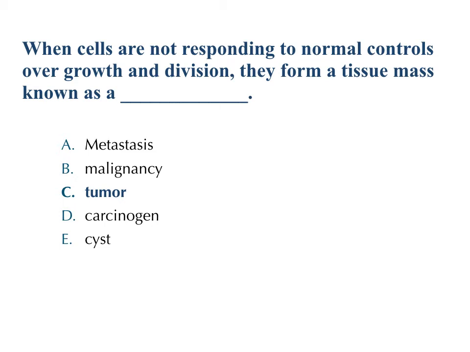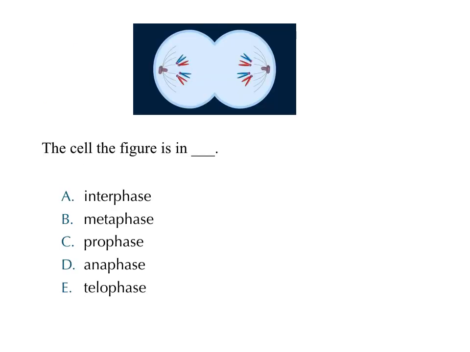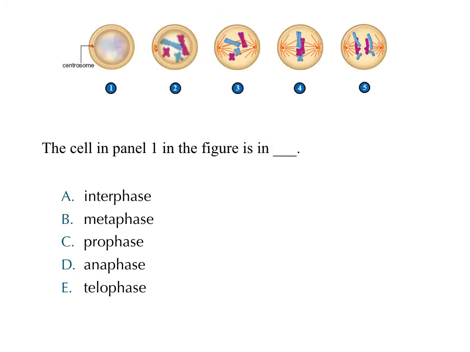Let's go on to the last slide, which is: the cell in this figure is in which phase? Okay, so you see we've already gone to the opposite poles, and doesn't it look like there's a furrow forming up above? So the cell in this figure is in telophase. The cell in panel 1 in the figure is in which phase? None of the chromosomes are condensed in this phase, right?